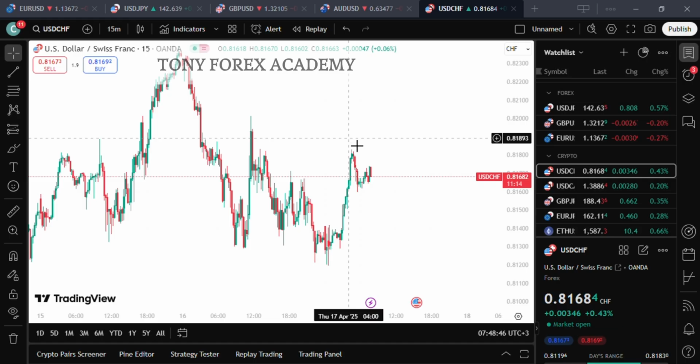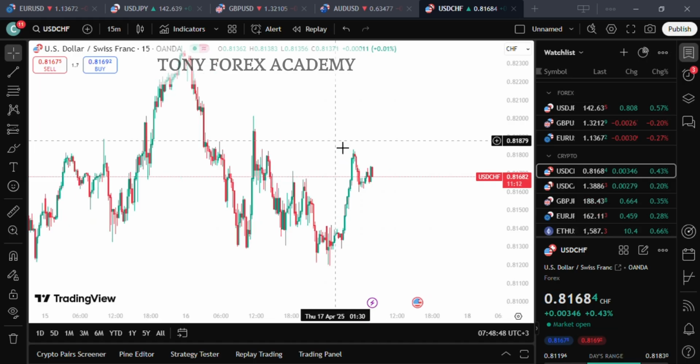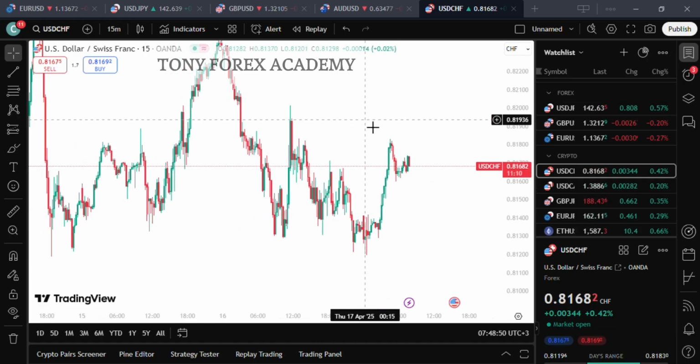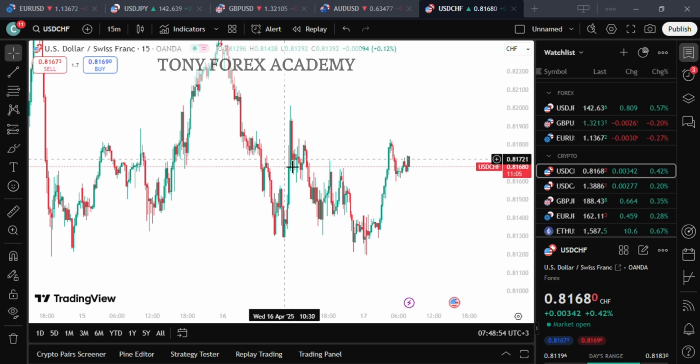Also, we need to understand that there are several factors that influence the movement of the various currency pairs that we've talked about here, and understanding them is very key to making informed decisions.